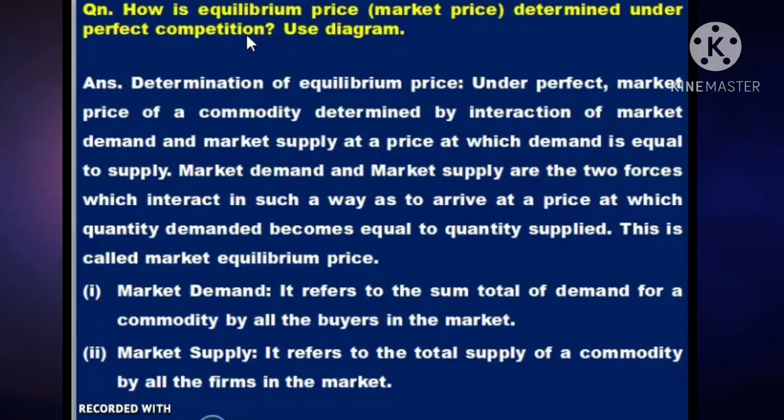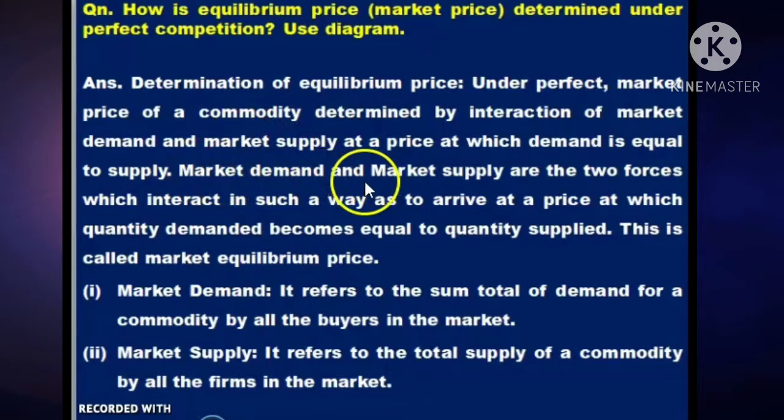How is the equilibrium price, the market price, determined under perfect competition? We are going to see that with the use of a diagram. Determination of equilibrium price under perfect competition: the market price of a commodity is determined by the interaction of market demand and market supply, at the price at which demand is equal to supply.